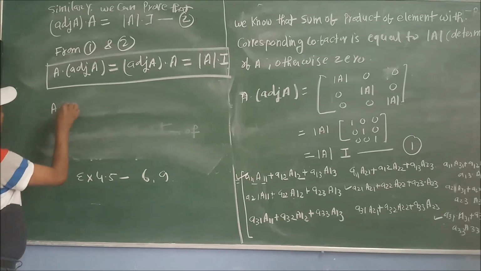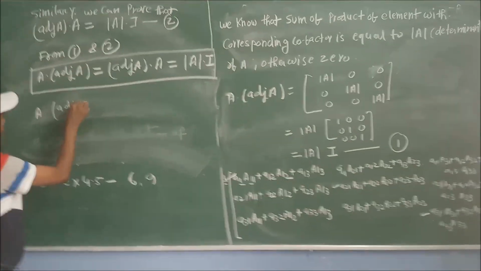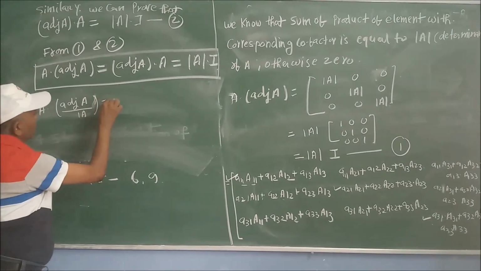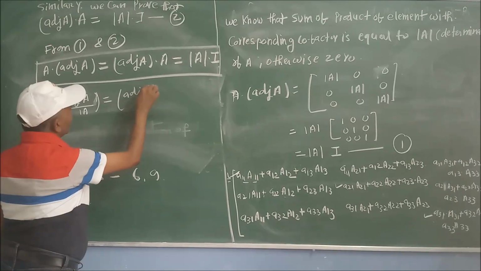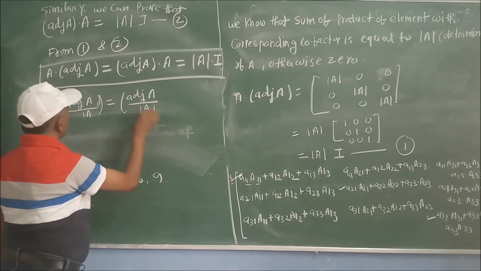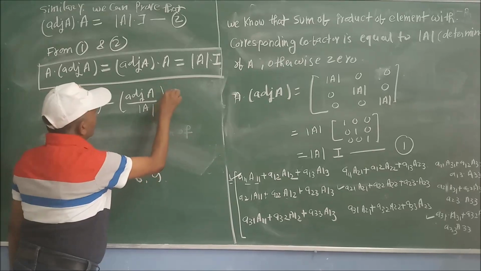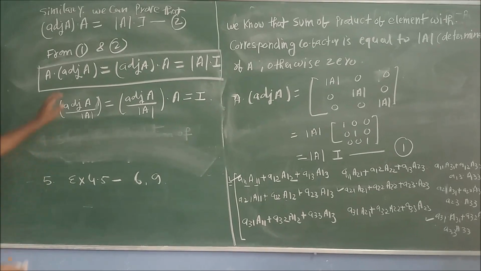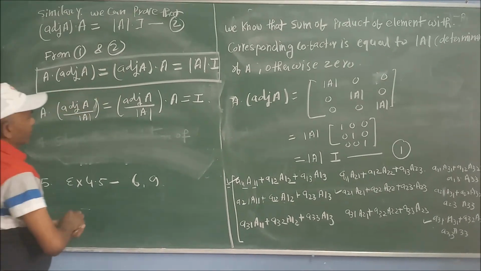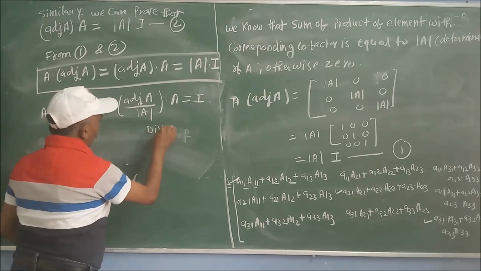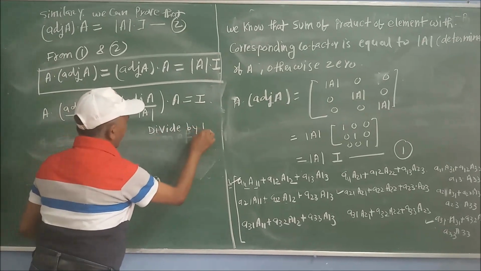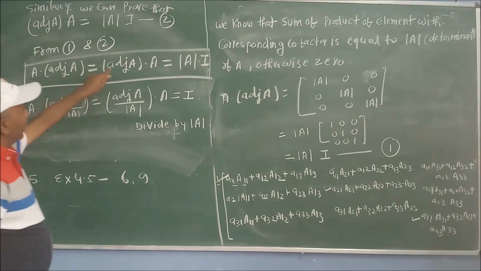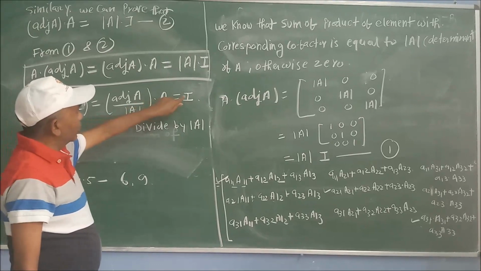This can be written as A into adjoint A upon determinant of A is equal to adjoint A upon determinant of A into A is equal to I. What does this mean? We have divided all terms by determinant of A. Then this becomes A into adjoint A by determinant A, adjoint A by determinant A into A is equal to I.